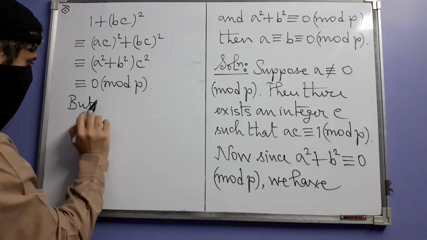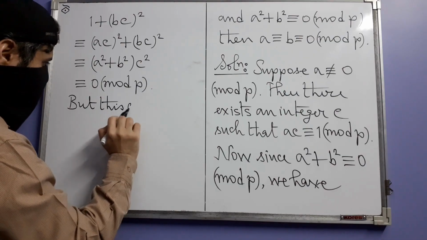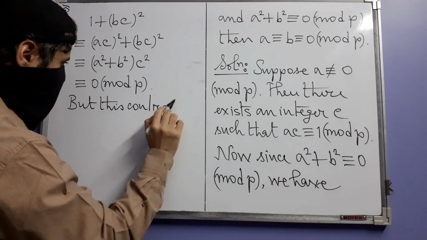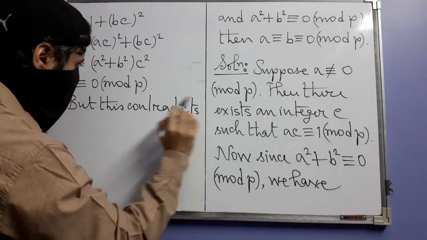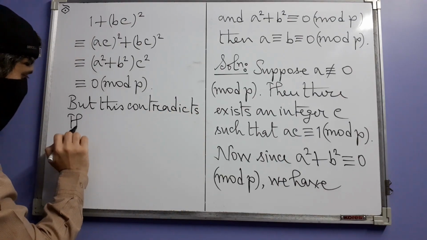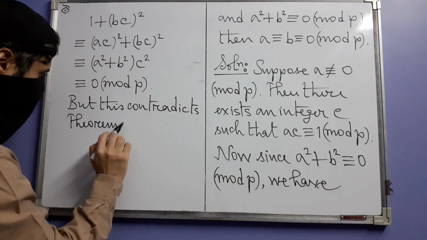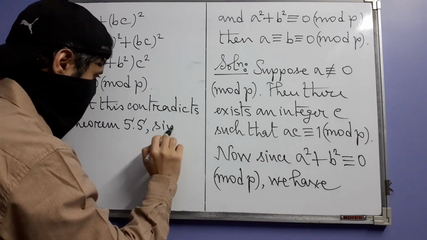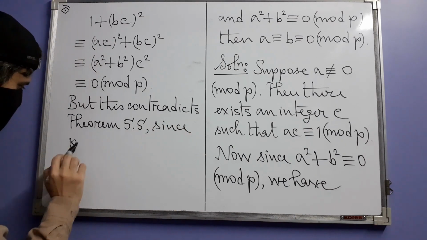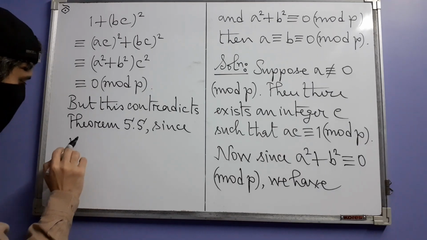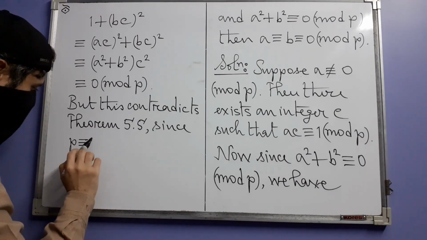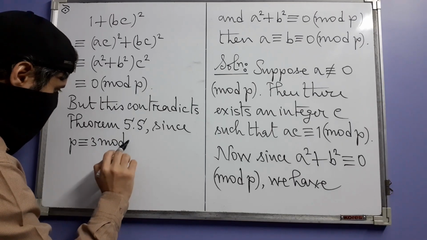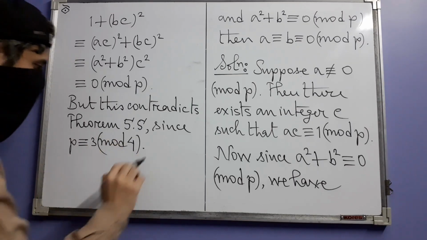But this contradicts theorem 5.5 since p is of the form 4k plus 3, or p is congruent to 3 modulo 4.